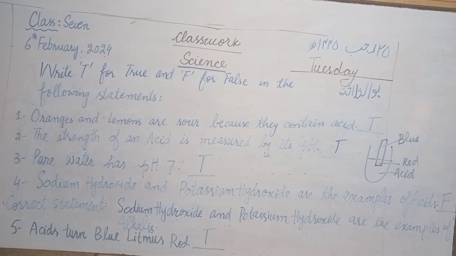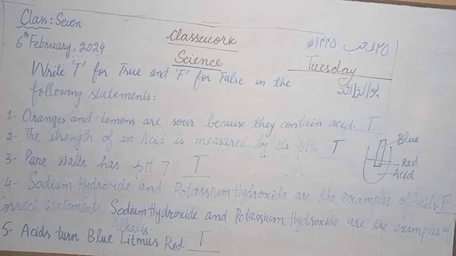This is all about our today's work. You need to revise the whole unit of acids and alkalis. You will write these statements in your notebooks, and I will repeat the statements. The first statement, oranges and lemons are sour because they contain acid. Second statement is, the strength of an acid is measured by its pH.